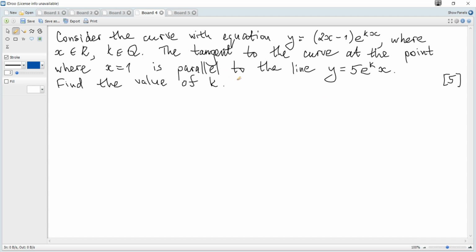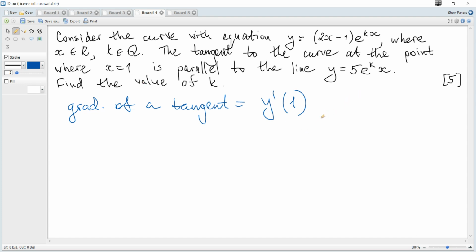How to find the gradient of a tangent? We know that the gradient of a tangent is equal to the derivative of a function at the point where it is drawn. So the gradient of a tangent is equal to the derivative of y at x equals 1, because it is drawn at x equals 1.